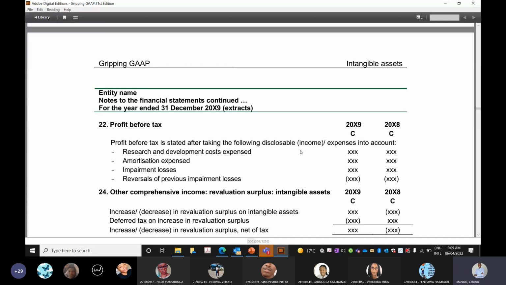So profit before tax note, although we might not really go into depth with the profit before tax note, you can just take note and just think of the significant expenses that relate to that particular asset. And then those are the items that will be shown in the profit before tax note. So for intangible asset, we'll look at research and development costs that are expensed, amortization, obviously, impairment losses, reversals of previous impairment losses.